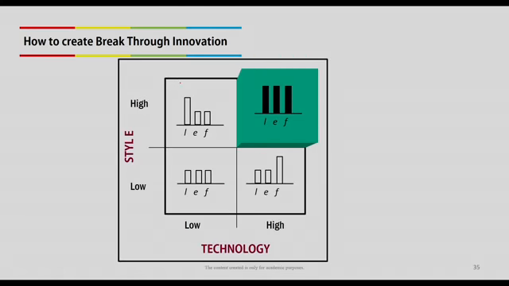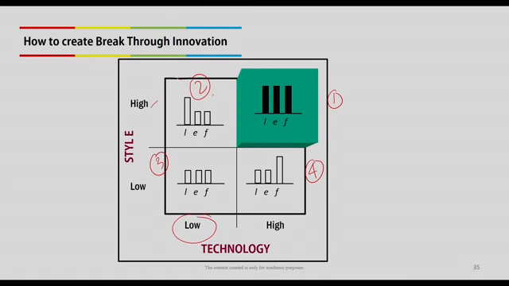For example, this is the first quadrant, this is the second quadrant, this is the third quadrant and the fourth quadrant. In the second quadrant, style is very high and technology is very low.